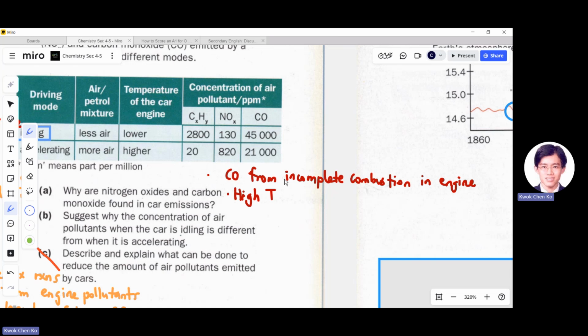High temperature in the engine as well. It must be really high. You're talking about 1000 degrees Celsius. It can combine N2 and O2 to form nitrogen oxides.